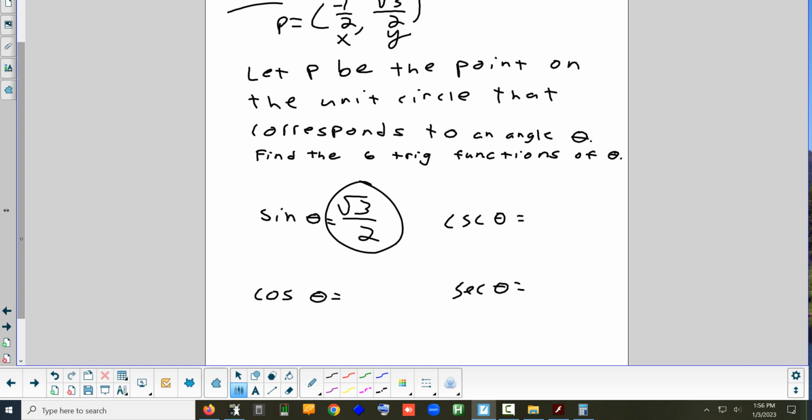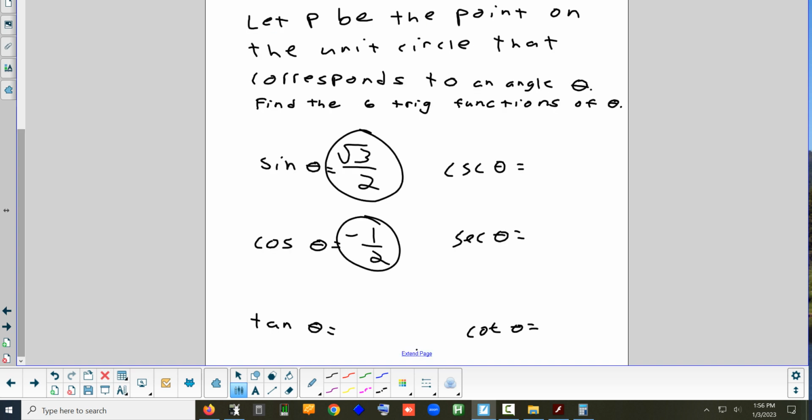I don't think my x value is 2 in this case. Yeah? Would it be negative 1 over 2? Negative 1 over 2. So cosine is your x. And in this problem, x is negative 1/2. So those two you can get just by looking at the coordinate. There's no arithmetic or anything you need to do.